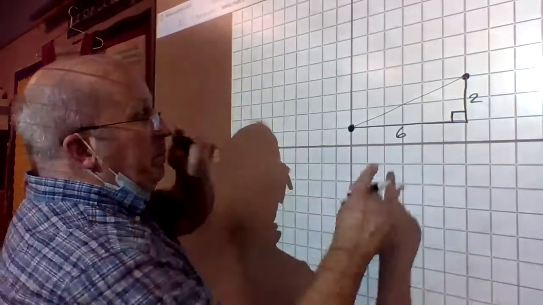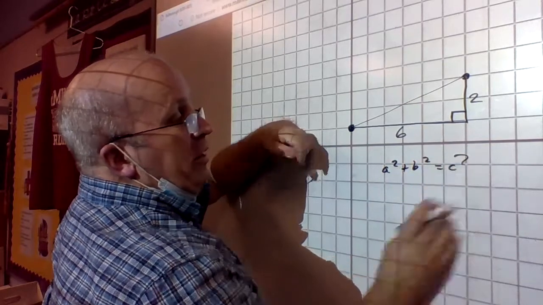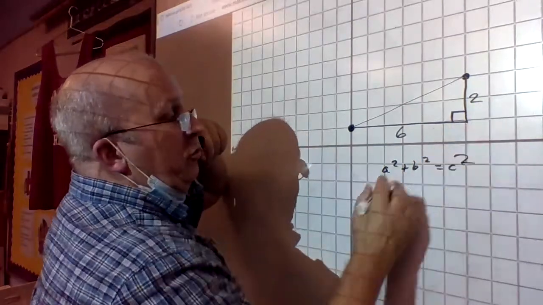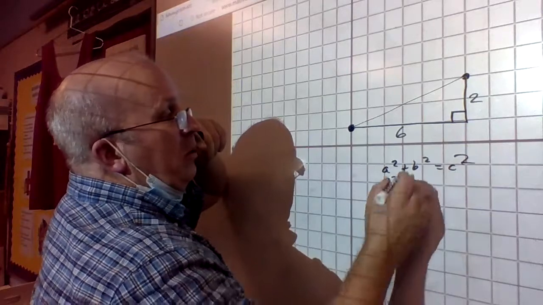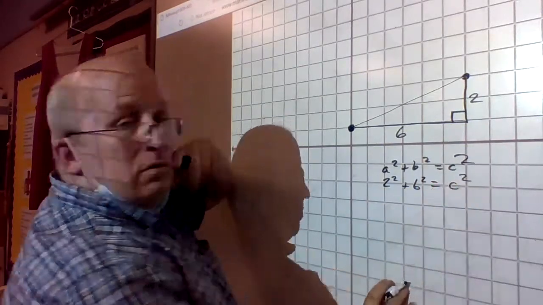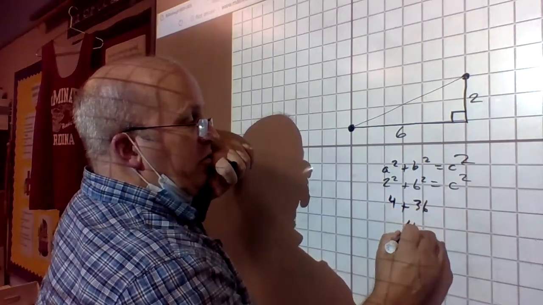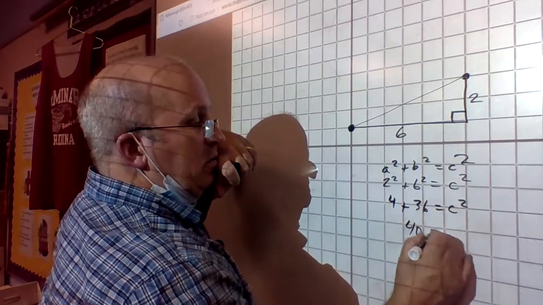Here we go. So, a squared plus b squared equals c squared, right? And 2 is our a value, so that's going to be 2 squared, plus 6, our b value, squared, equals c squared. We got 4 plus 36 is 40, is our c squared.